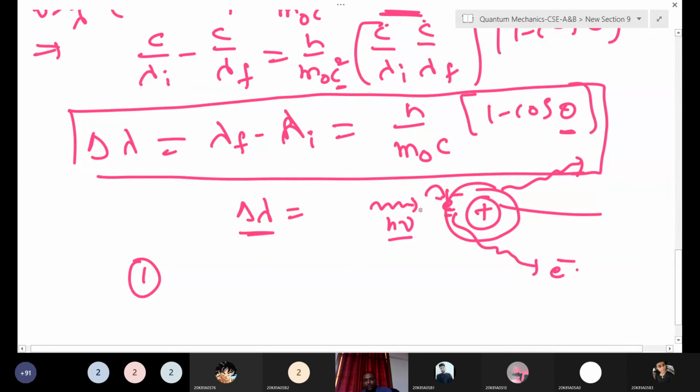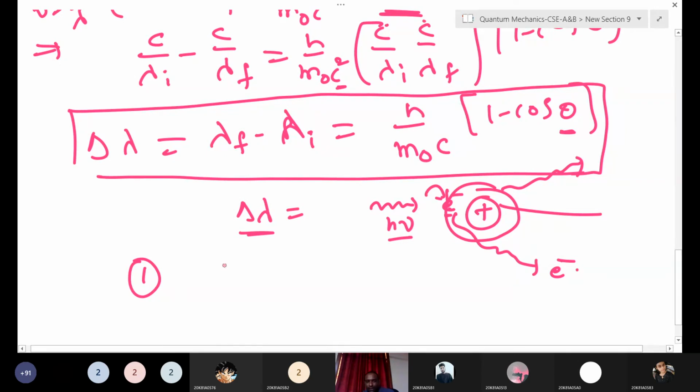So once you hit the electron, the photon loses energy. That loss of energy, or change in the frequency or wavelength, we are finding using this expression.